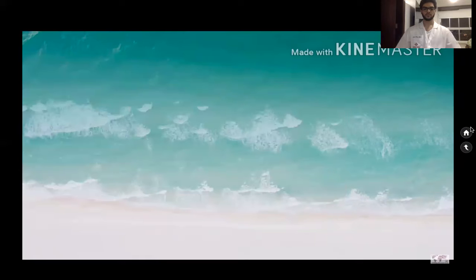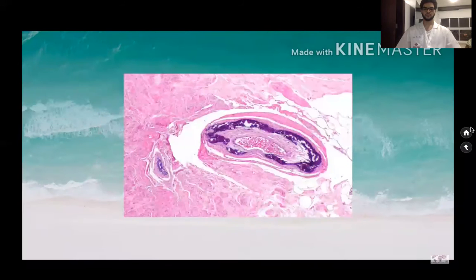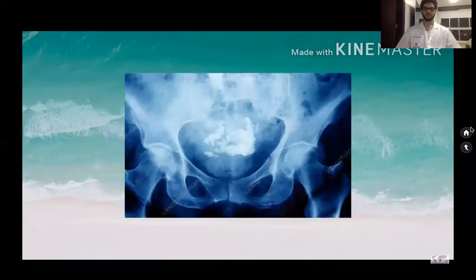Now let's have a look at degenerated tissues showing dystrophic calcification. The most common example is an old scar. The center of an old scar may get calcified. Also, there is Monckeberg's medial sclerosis, which is calcification in the tunica media of blood vessels. Also, the center of a fibroid may get calcified.